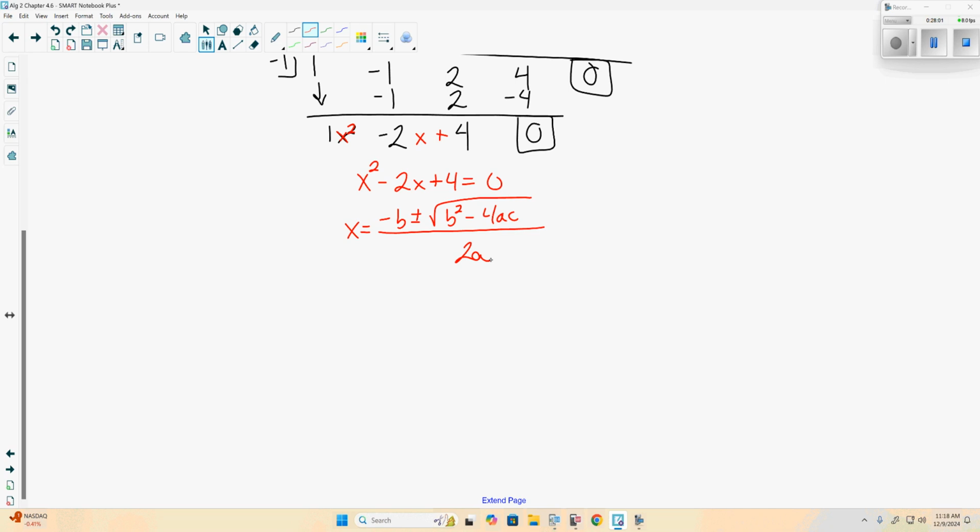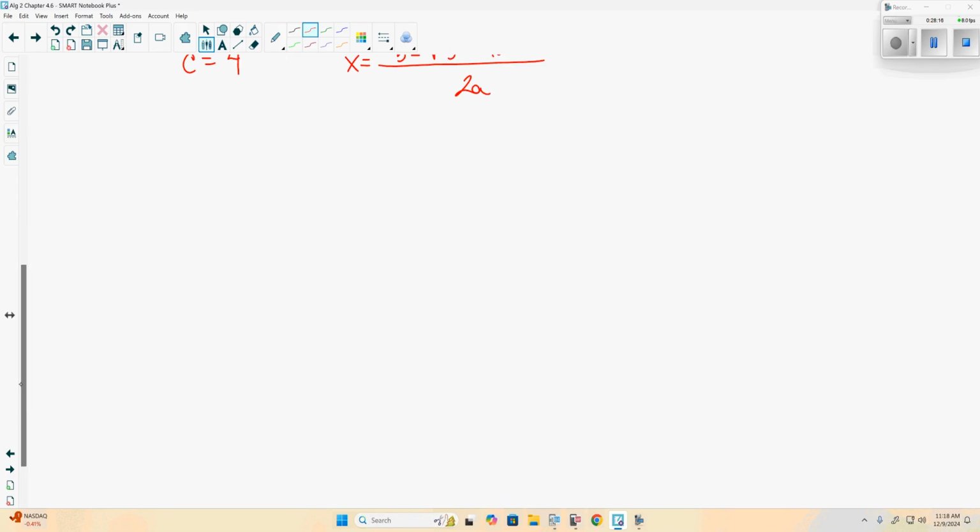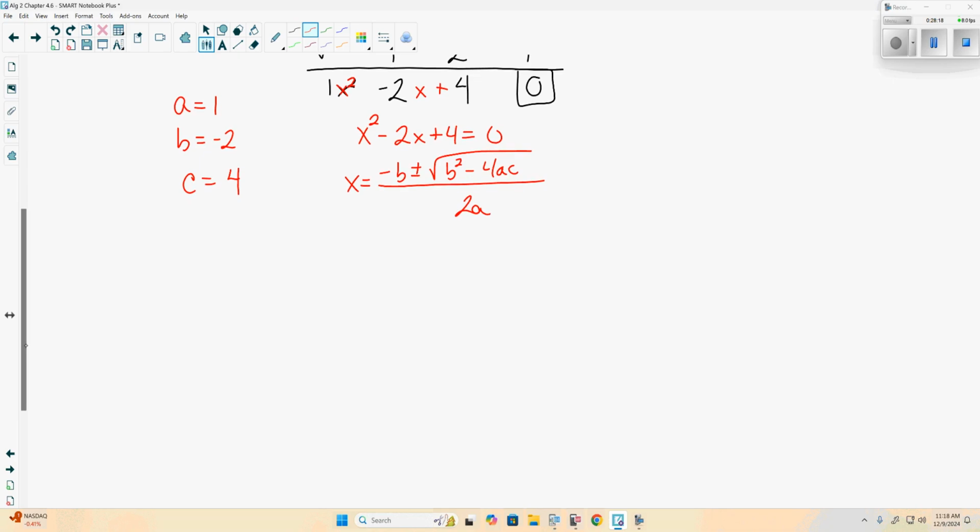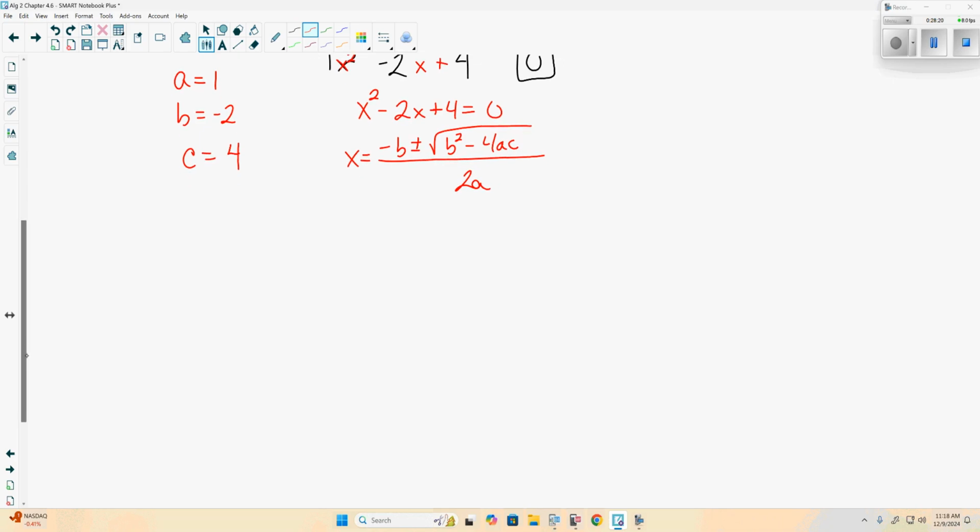But because we do have a middle term this time, we're going to have to use the quadratic formula. A is the number in front of x squared. B is the number in front of x. And C is our term without a variable. So we use the quadratic formula to solve this.